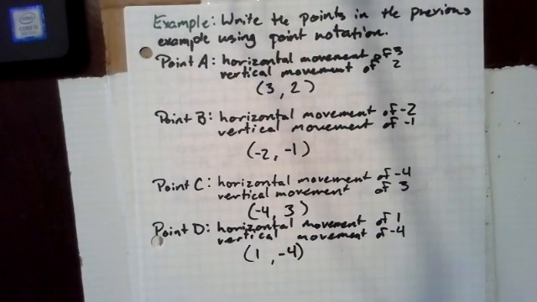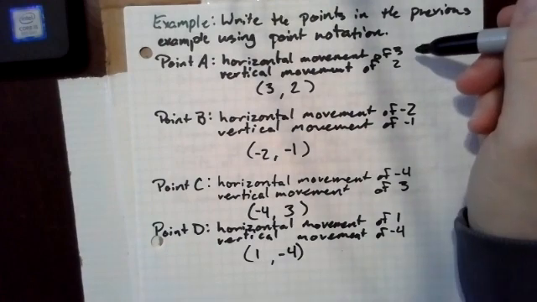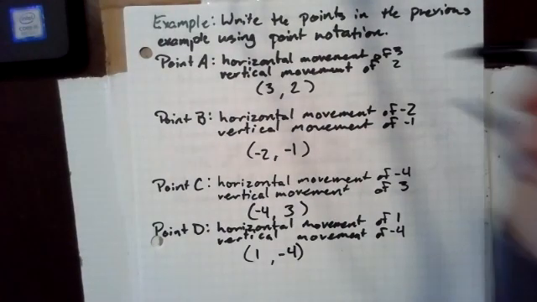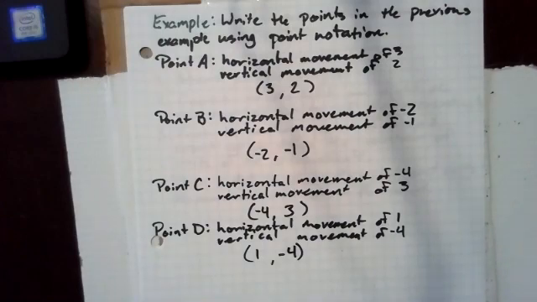And we can see that it's a lot easier to write out the points in this point notation rather than try to write out horizontal movement of 3, vertical movement of 2. All we have to do is write these points. We don't have to write out what's the horizontal and what's the vertical, because we know by the nature of the ordered pair that the first number represents the horizontal movement and the second number represents the vertical movement.